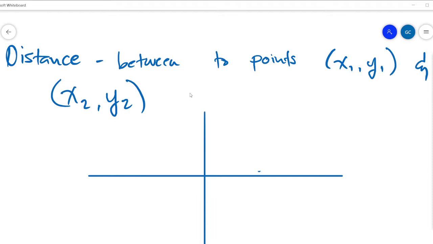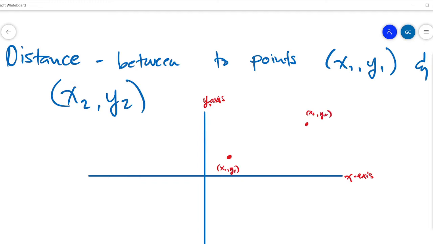If we have here a coordinate plane with the y-axis and the x-axis, and say you have here your first ordered pair x1, y1, and we also have another ordered pair x2, y2.